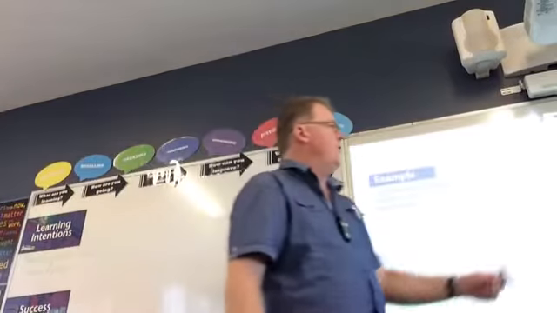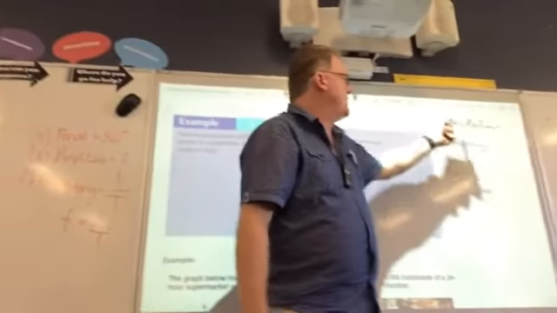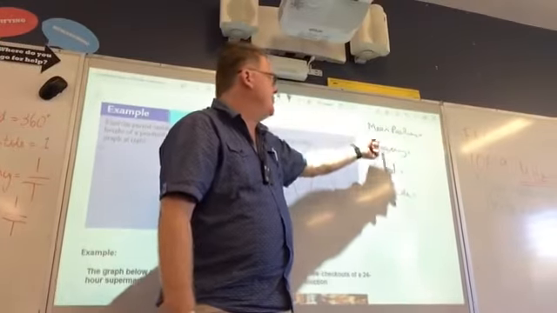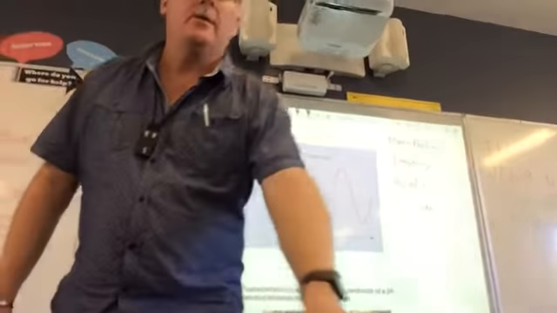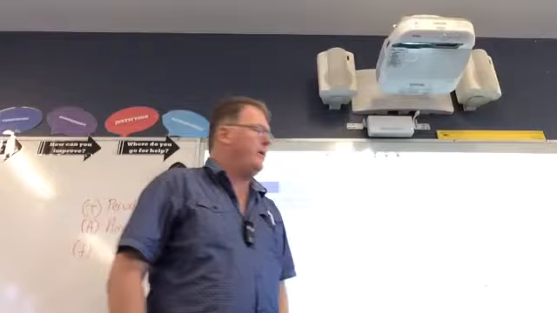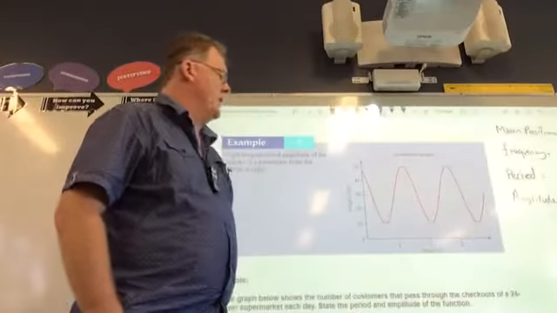I'm looking for mean position, that's the first thing we try and find, and then we can do the other three from there. So frequency, period, mean position, amplitude. What are they?